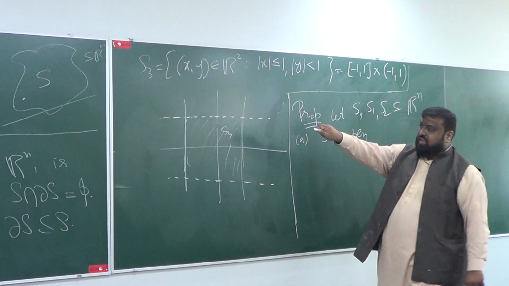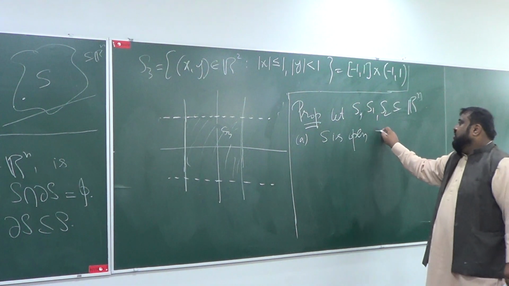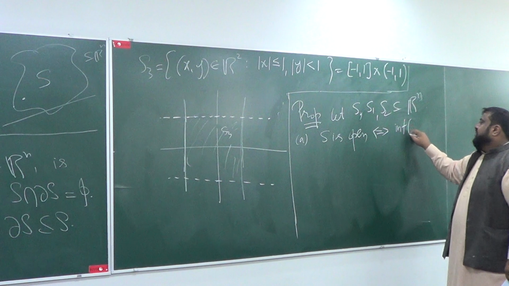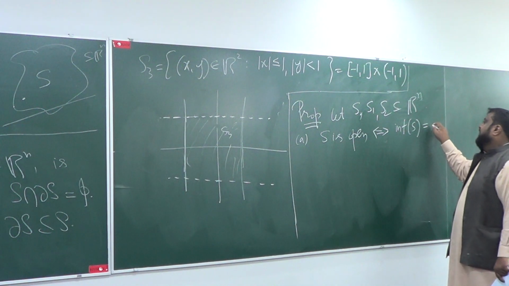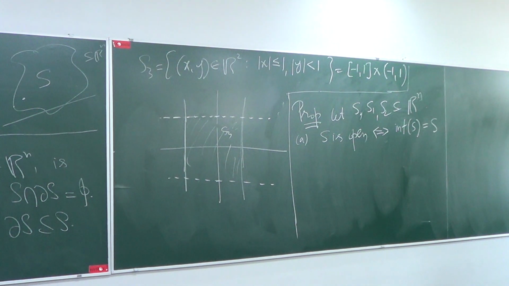We know the definition of open, that it doesn't intersect with the boundary. I can show that this is true if and only if the interior of S is equal to the entire S. In other words, S is boundaryless, equal to its interior.